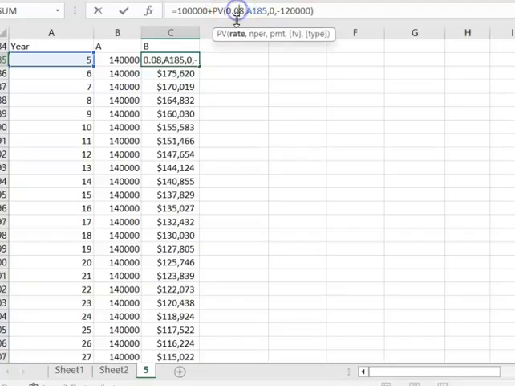So here the rate is 8%, the number of periods can be this, and for each of these values that you see here, we are going to calculate the present worth of that second payment. And here we also have the FV, and that's it.